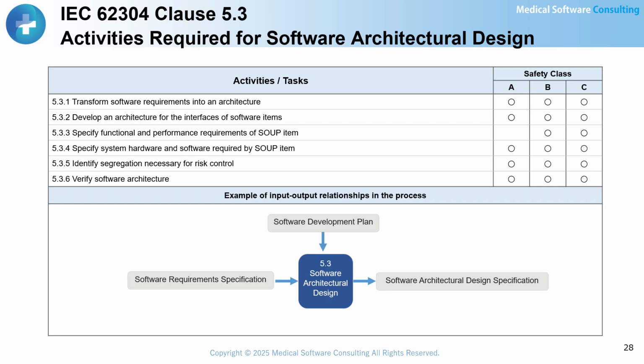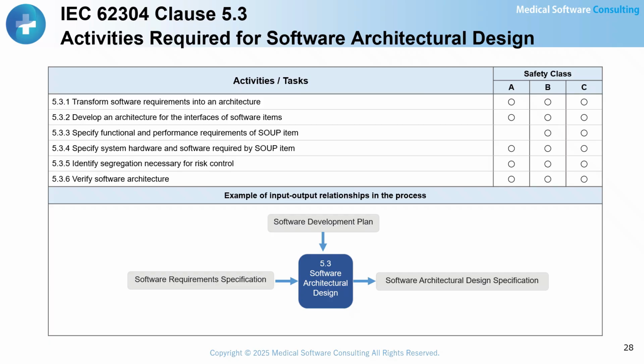In the process of software architectural design, the input is the software requirements specification, and the output is the software architectural design specification. As software systems have grown in size and complexity, it has become effective to use modeling tools for architectural design. With medical devices now being connected to networks, it is increasingly common to send data to the cloud or to interact with other systems.